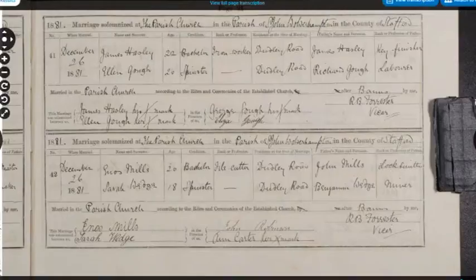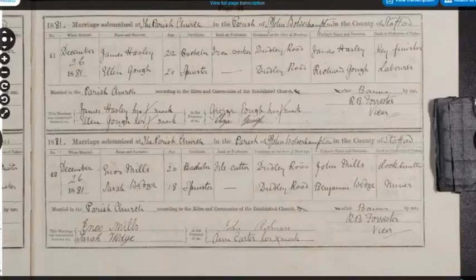So I'm back on the trail again now. I now have the ages of both James and Ellen, and I also have the name of James's father, which was also James. So I now know that my great grandfather was called James Astley. They've misspelt it there. And his profession was a key finisher.